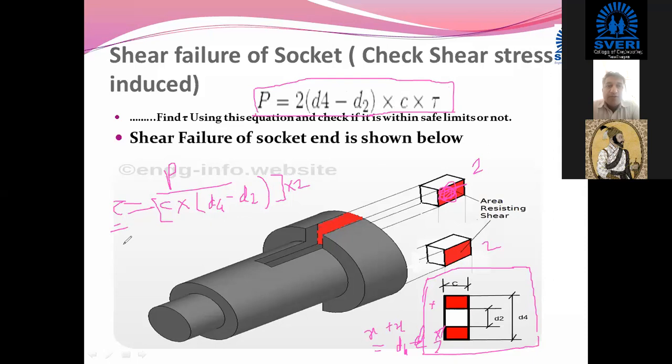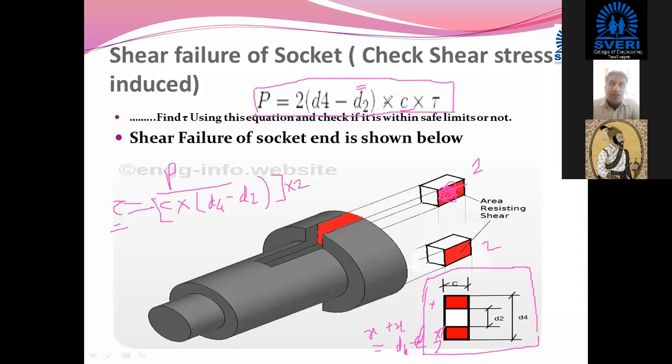As per the previous slide and this slide, any question? Have you got how the formula can be derived? You have already calculated this D2 while designing the spigot, and you have already calculated this C from the previous tensile consideration.